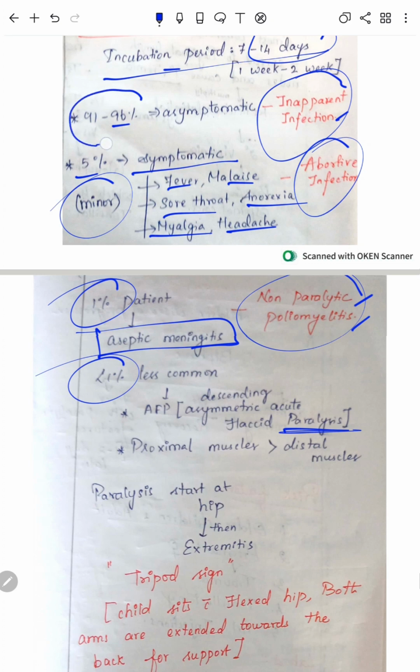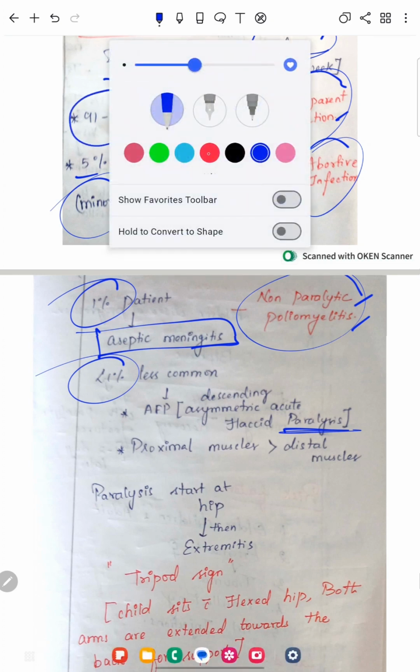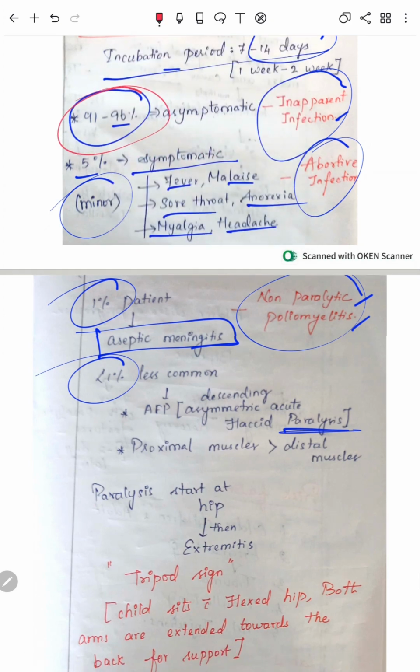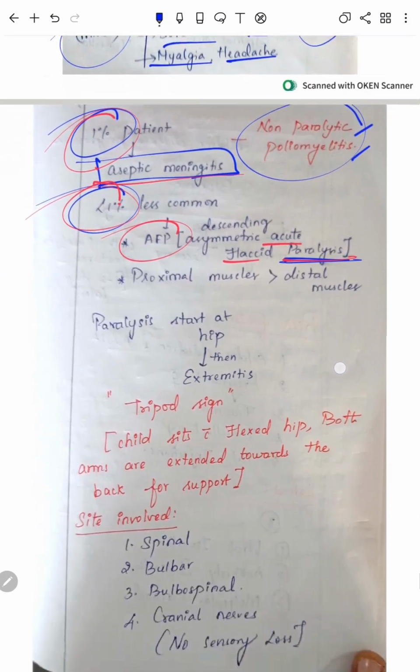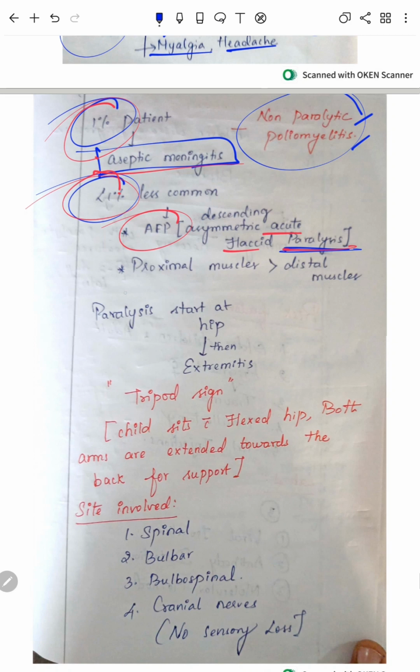See, 91 to 96% of people are asymptomatic, 5% of people are symptomatic, 1% of people have aseptic meningitis, and less than 1% of people only have this AFP, acute flaccid paralysis. The paralysis first affects mostly the proximal muscles rather than the distal muscles.